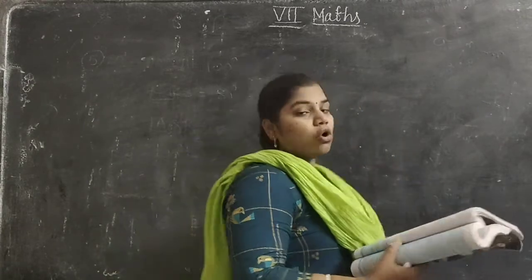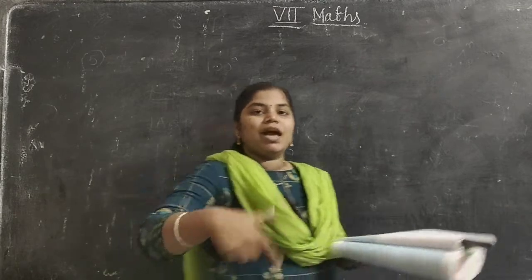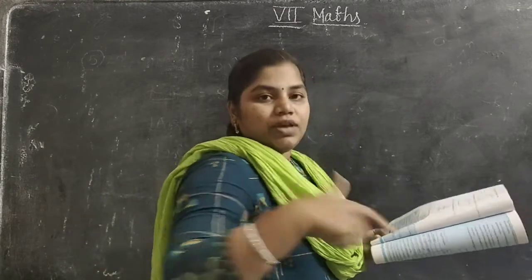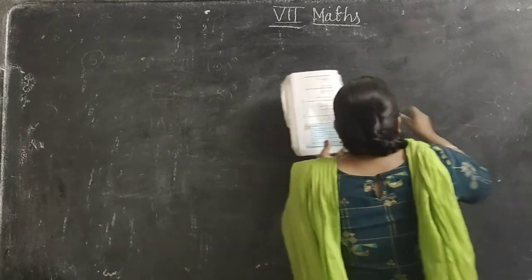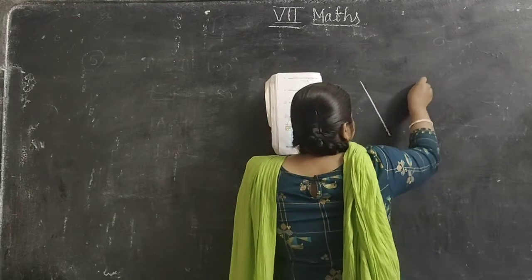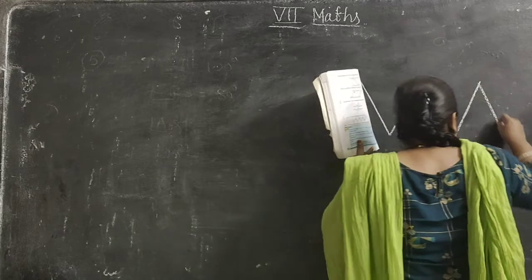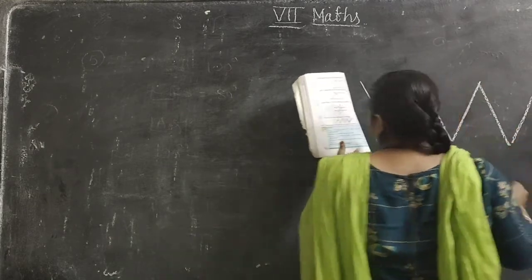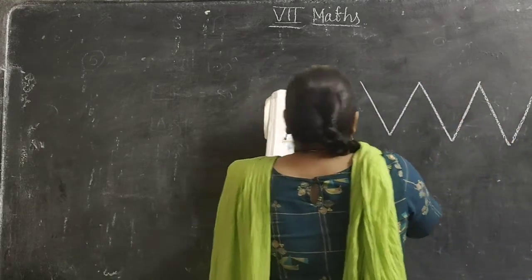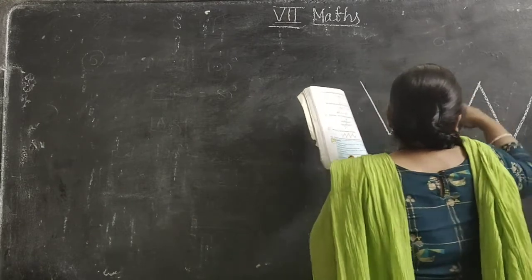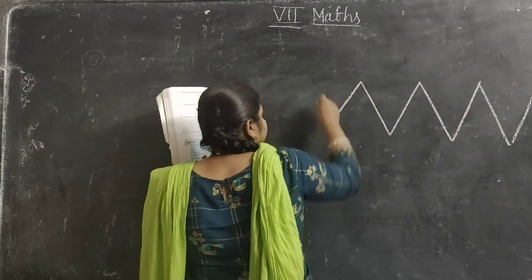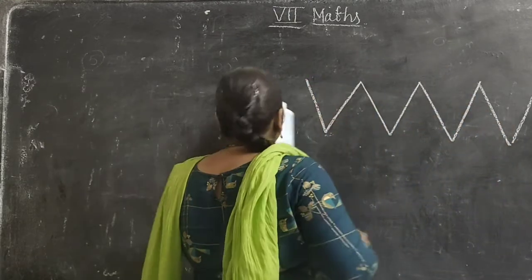So we have to find all the angles, and we have to give the reason why they are equal. So what is the figure here? The figure is like this.